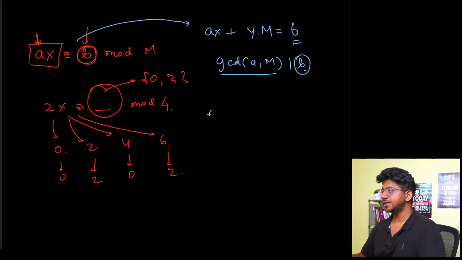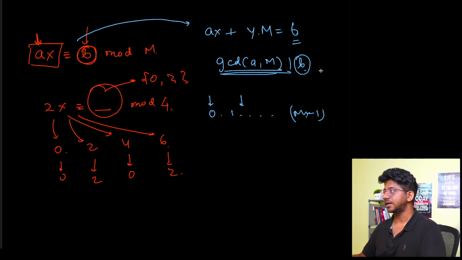So in the range 0, 1 up till m minus 1, whichever numbers are divisible by this number are possible. So I can make 0, I can make gcd of a comma m, and so on. In fact, in this case, a was 2, m was 4. So you can take any number which is divisible by gcd of 2 comma 4, which is nothing but 2.